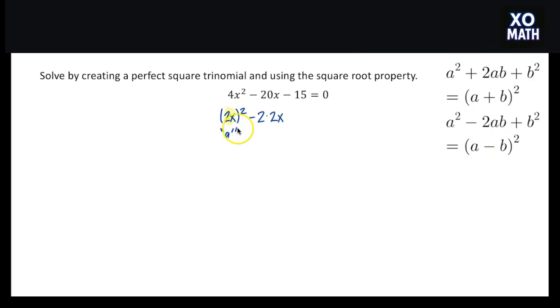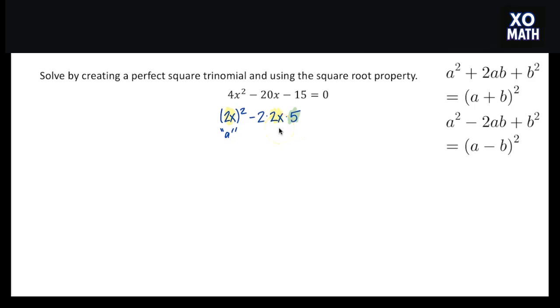We just said a was 2x. And then I'm going to need to figure out what the value of b has to be to complete this formula. So in order to create a minus 20x in the middle, I'm going to need a positive 5. So negative 2 times 2x times positive 5. If I multiply all three of those together, I'm going to get negative 20x.